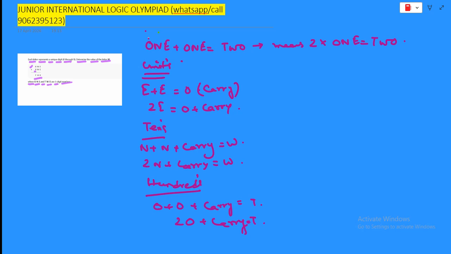Now let's look at this question. The equation is 2 cross ONE is TWO.